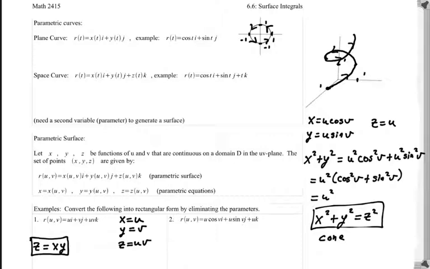Okay? All right, let's do a couple more. Okay, so next example, r of u, v is equal to 2 cosine v cosine u i plus 2 cosine v sine u j plus 2 sine v k. And so this kind of looks like spherical coordinates in some sense, but with the z in spherical coordinates, it would be rho cosine of phi instead of rho sine of phi, but it's going to be similar.